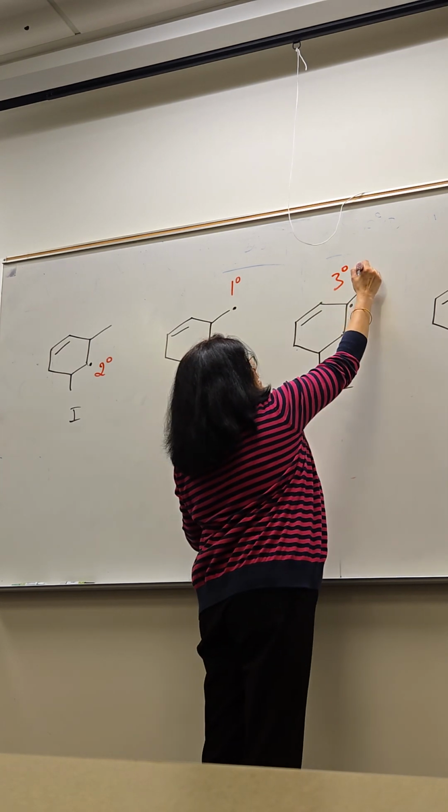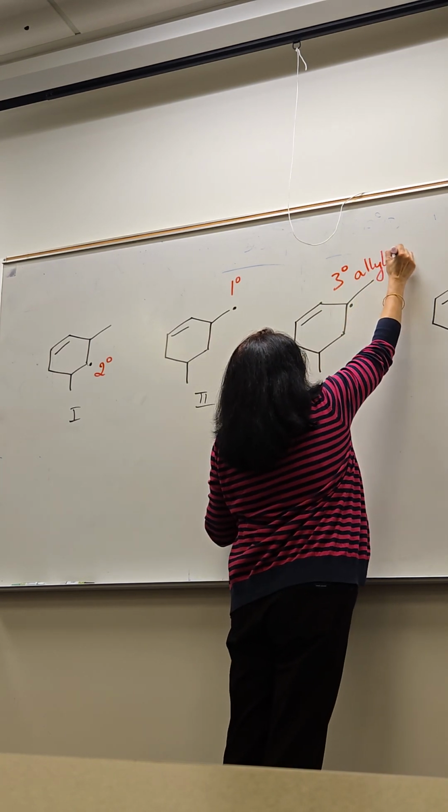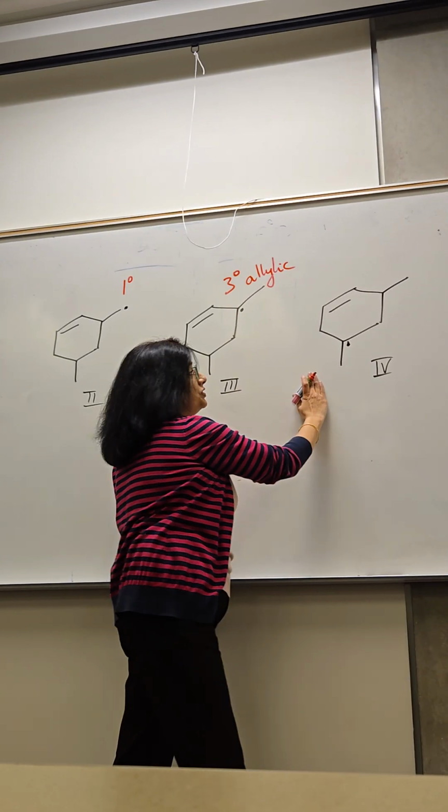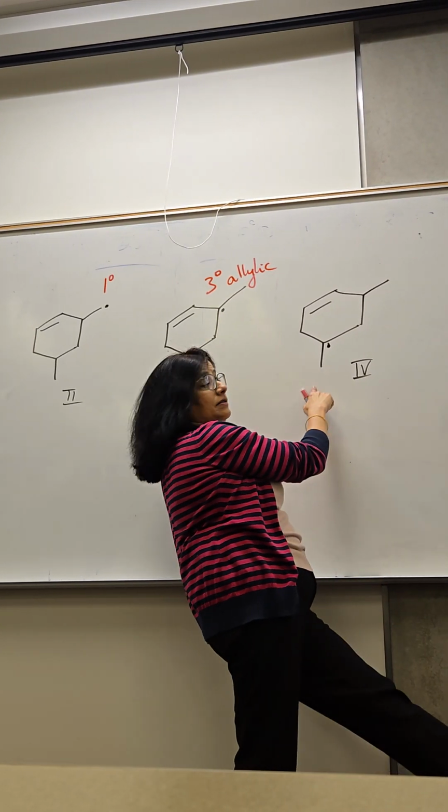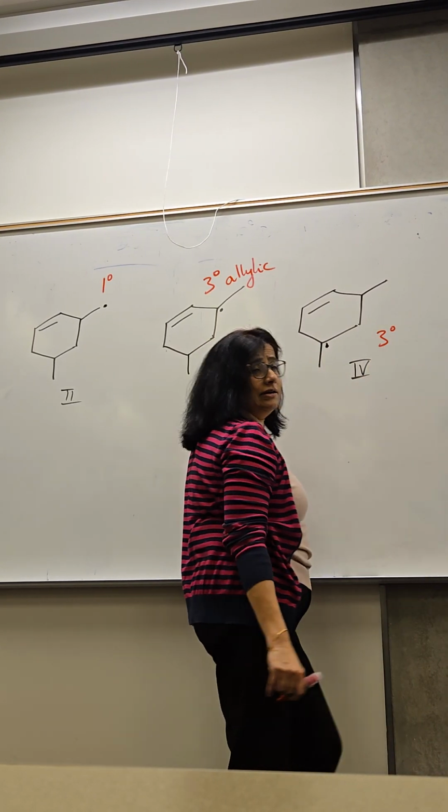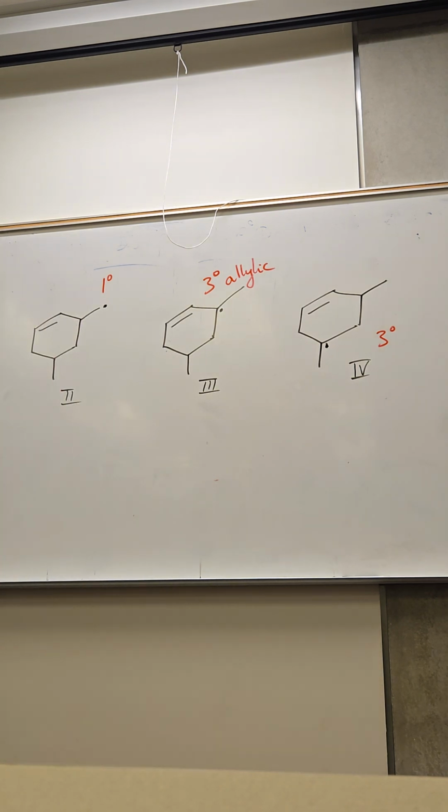It's allylic. How about the last one? Is it primary, secondary, tertiary? And allylic or benzylic? Neither. Does that help to say which of these is going to be least stable? 2 is least stable, absolutely.